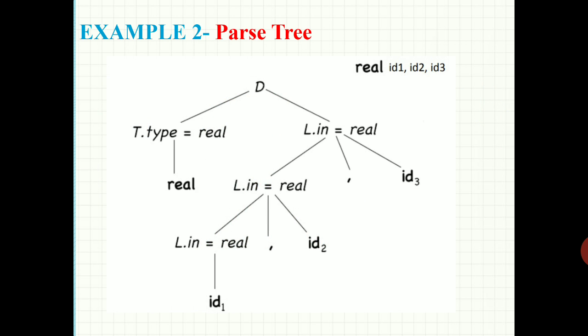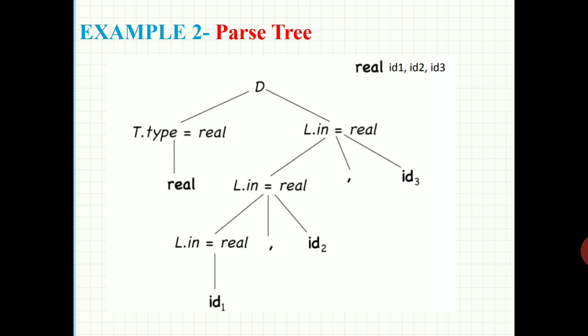Consider an example: real id1, id2, id3. This is a normal definition in the C language. Before we use a particular variable, we define it in the program like real id1, id2, id3.